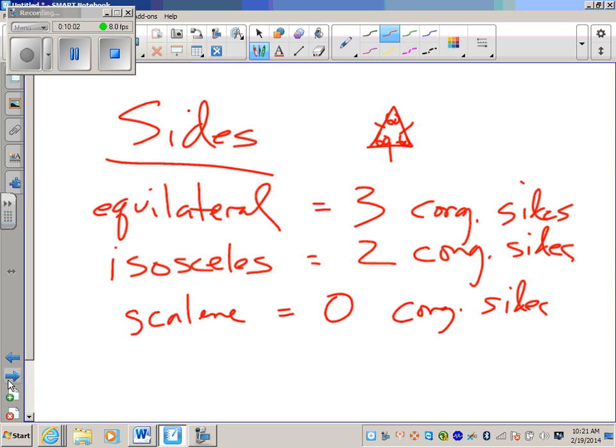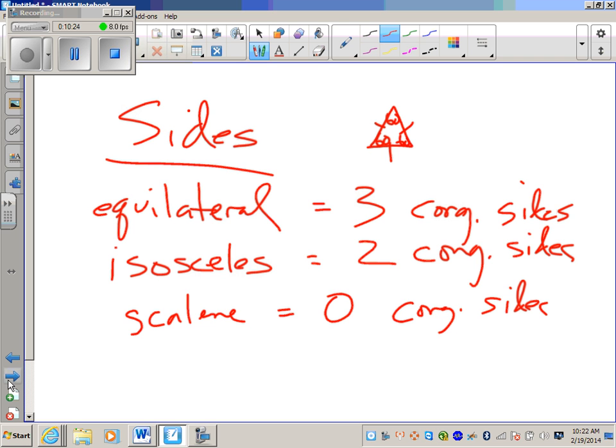Let's take a quick look at 394, to see if there's any areas we need to reinforce. Other than that, I can get you going on your assignment if there's no major issues. Classify each triangle by its angles, 1, 2, and 3. Triangle number 1, by its angles, is acute, right, or obtuse? Right, because of the right angle.